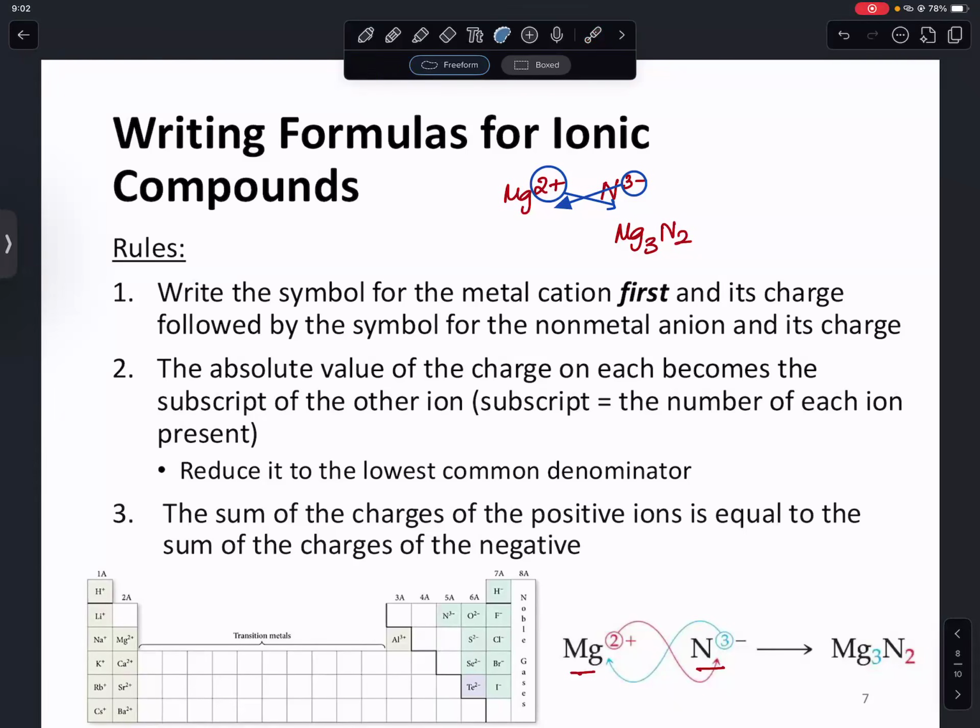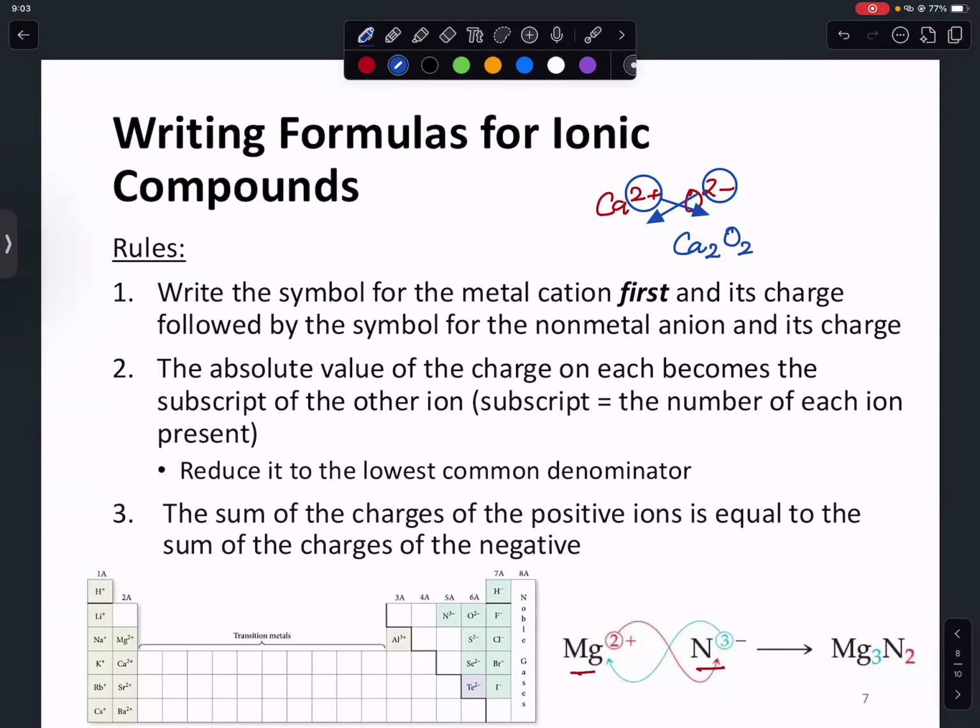Now, sometimes you will have to reduce to the lowest common denominator. In the previous example, it was already at the lowest common denominator, so you don't need to do anything, but I can give you an example. For example, if you have a compound formed from a calcium ion and an oxygen ion, note that if we use the crisscross method and just use the charge as the subscript, you will end up with Ca2O2.